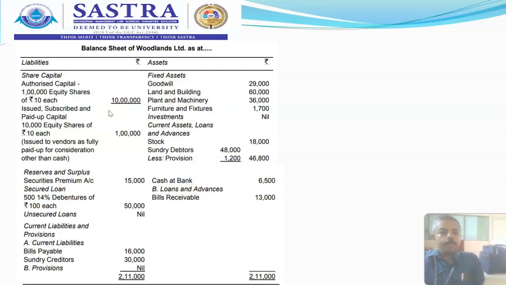But apart from that, the company also spent rupees 5,000 on acquisition cost. It means the cost of acquisition, rupees 5,000, is a capital loss that was transferred to the goodwill account. That's what we have done.